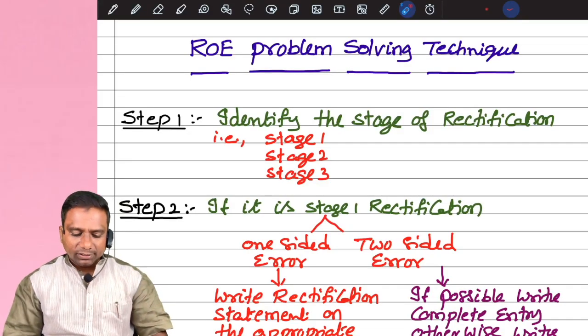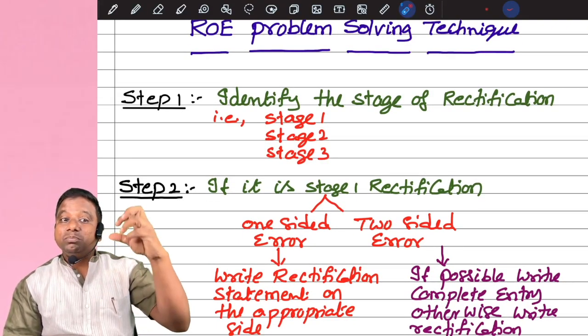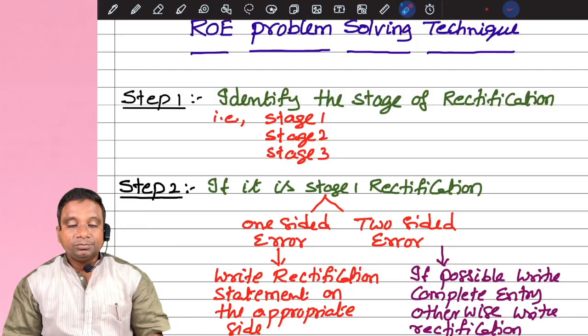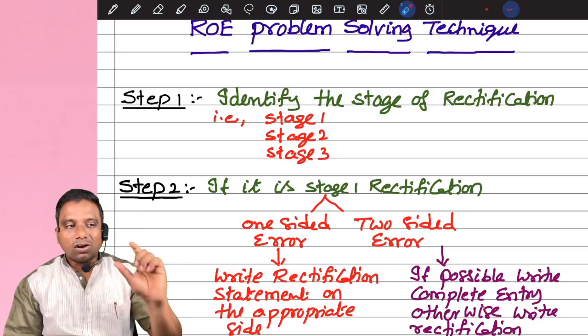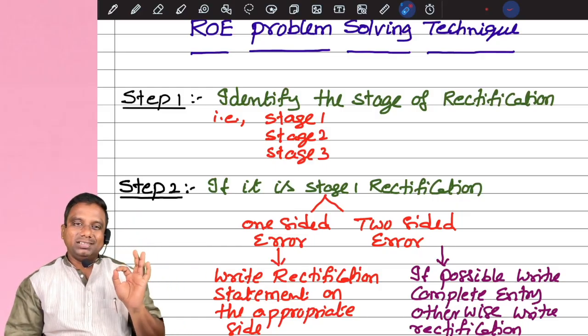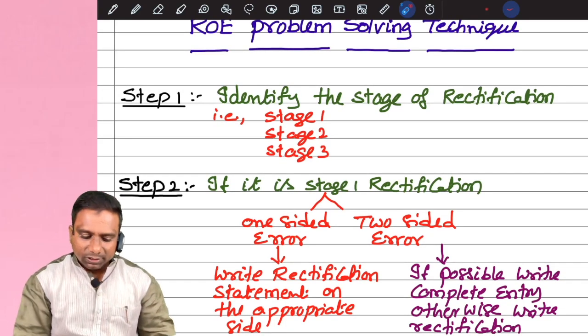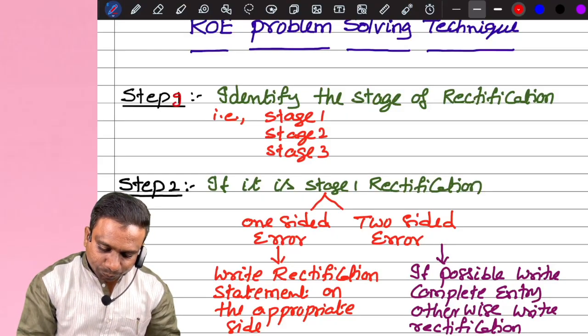Fine. Now look at step 1. Step 1 is: identify in which stage the mistake happened. Whether the mistake happened in the journal stage, ledger stage, or trial balance stage. After that, next one, follow this, we can name it as step 2.